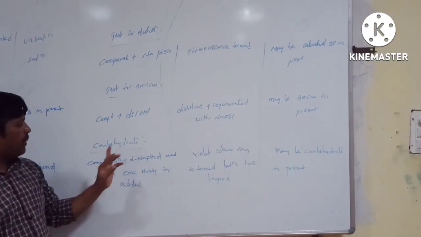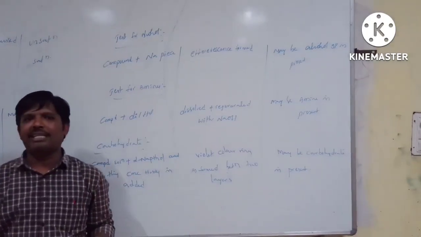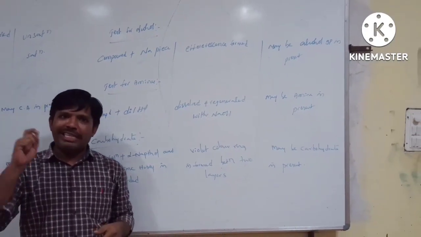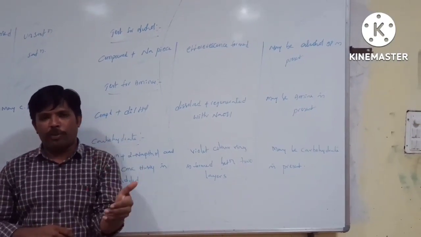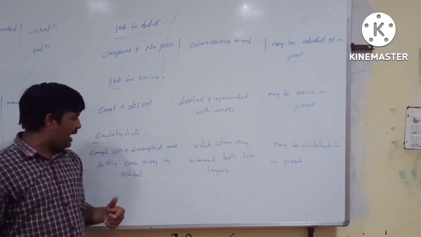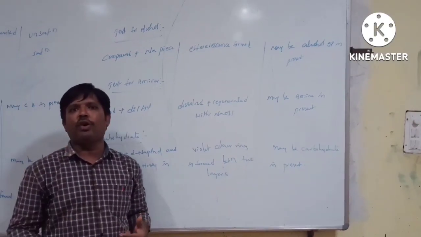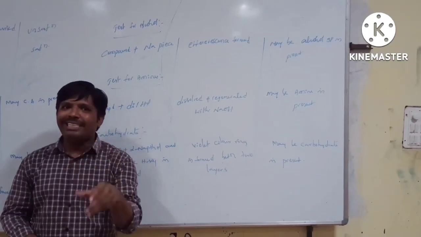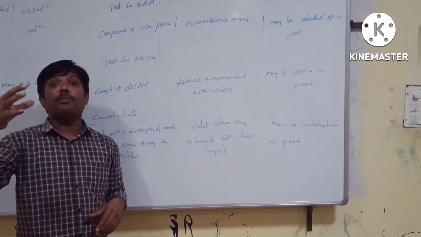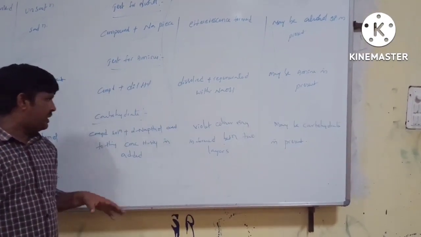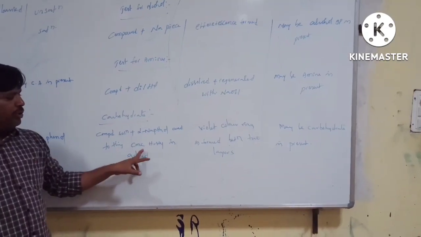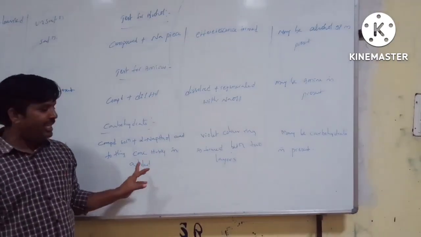Then we go for carbohydrate. This is a very important test, the Molisch test. Viva question: what is the Molisch test and what is it used for? Molisch test is the reaction with alpha naphthol and concentrated H2SO4. It is used for identifying carbohydrates. The compound plus alpha naphthol, and to this solution concentrated H2SO4 is added.